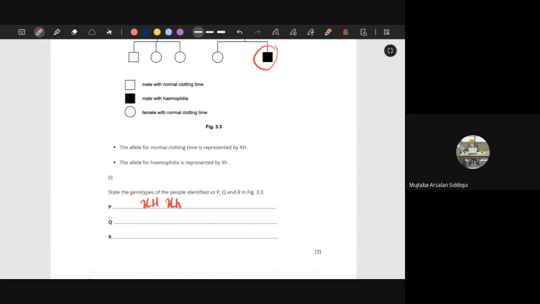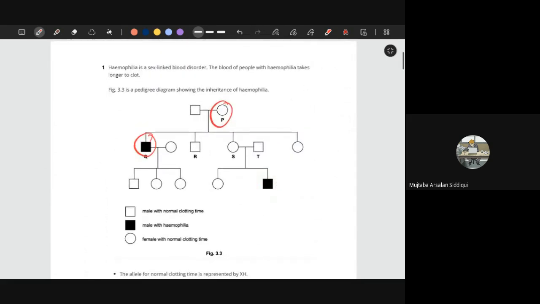Because she has one son who is affected by hemophilia, right? The father cannot have hemophilia because he will have a Y gene, so he must have XH and Y. So the mother must be the one who is carrying the hemophilia gene, so she will be XH and X small h.